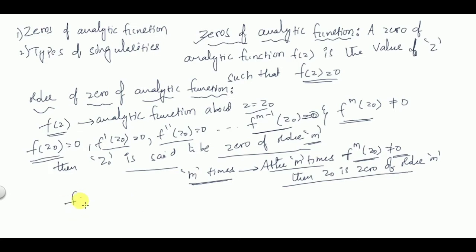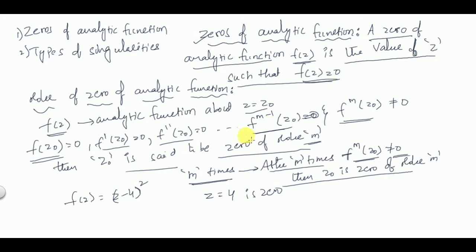For example, if you take f of z is equal to z minus 4 whole square, z is equal to 4 is a 0, yes or no? A zero of an analytic function f of z is the value of z such that f of z is equal to 0.